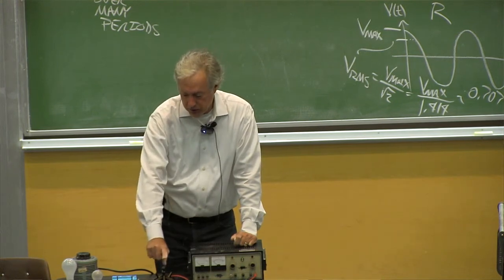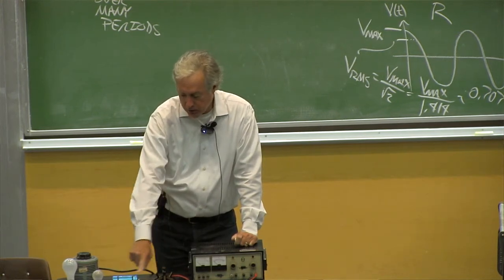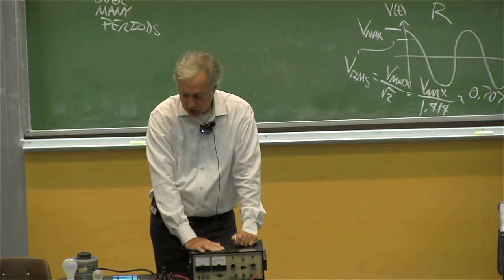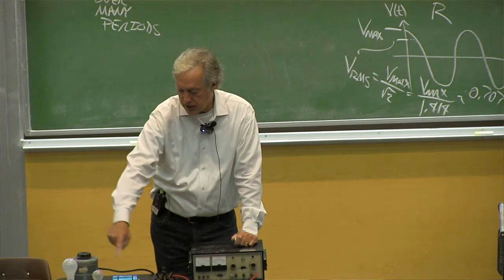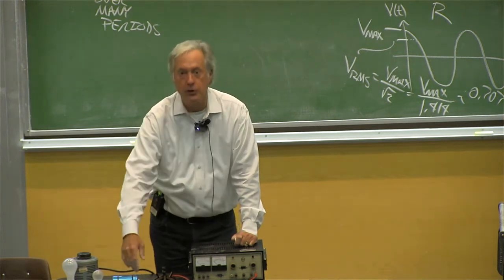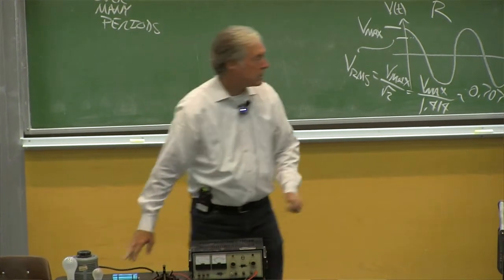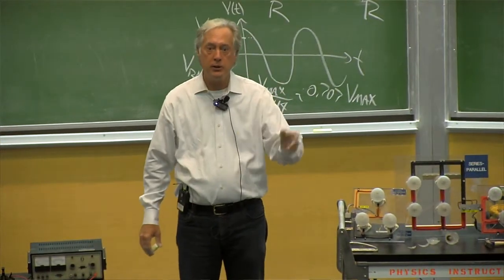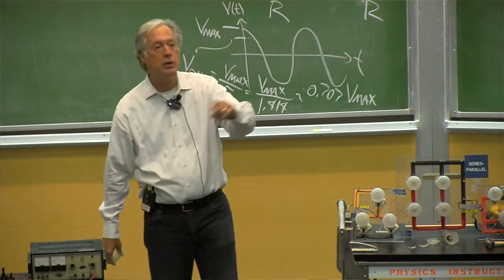Then, if we throw the switch the other direction, it changes the circuit, removes the power supply from the circuit, and now has the light bulb and the capacitor in the circuit. So we need to come up with some rules about how currents move around circuits and how voltages are distributed, and then we do this again, don't we?